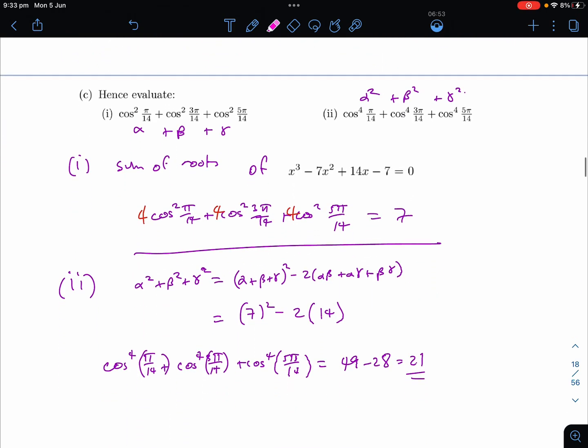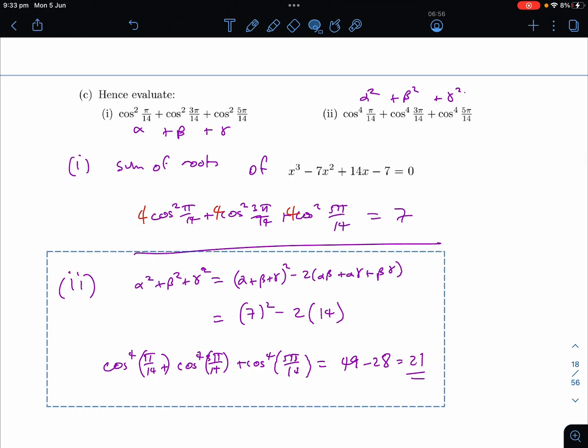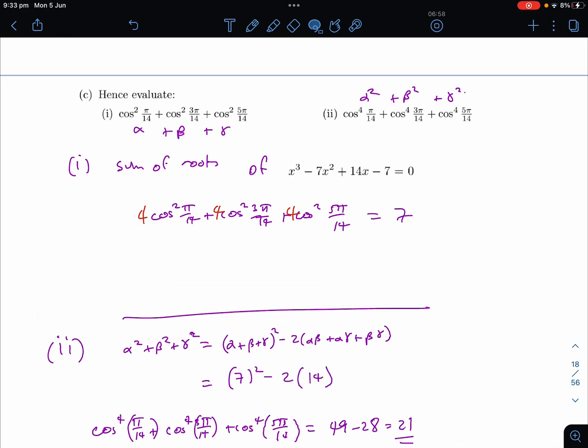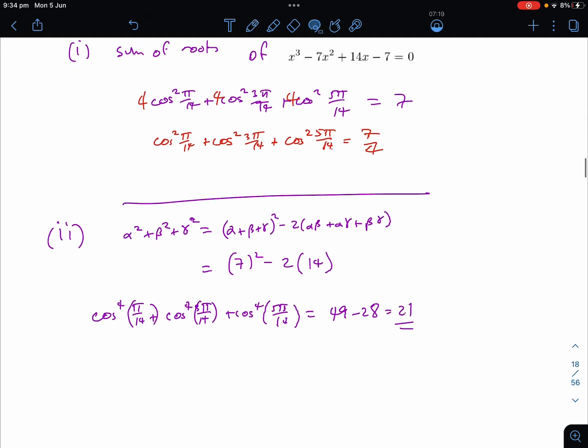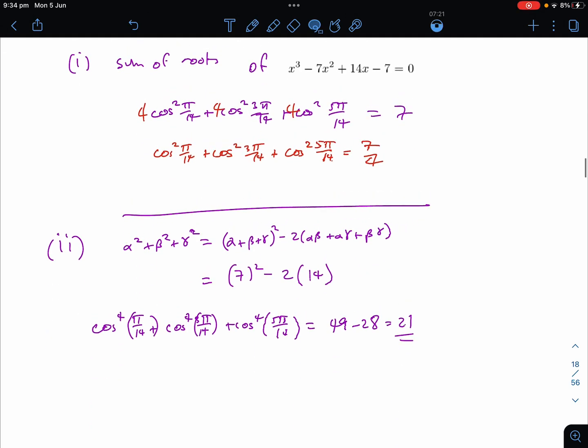So 4, 4, 4 equals 7, so really cos squared pi on 14 plus cos squared 3 pi on 14 plus cos squared 5 pi on 14 equals 7 on 4. That's a poor mistake.